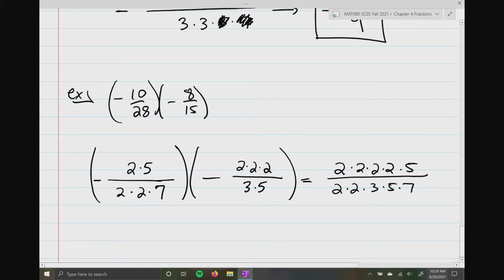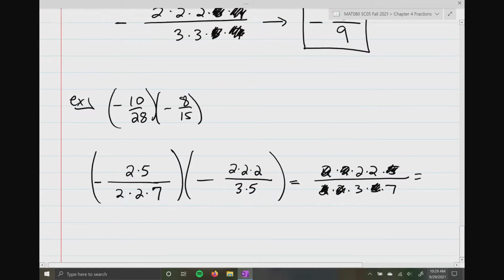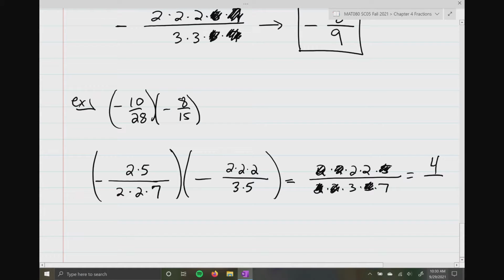Good. Now here's my favorite part. It's reducing time. The 2's reduce. They reduce. All right, no more 2's. The 5's reduce. So I'm left over with, in the numerator, 2 times 2 is 4. My denominator, 3 times 7 is 21.